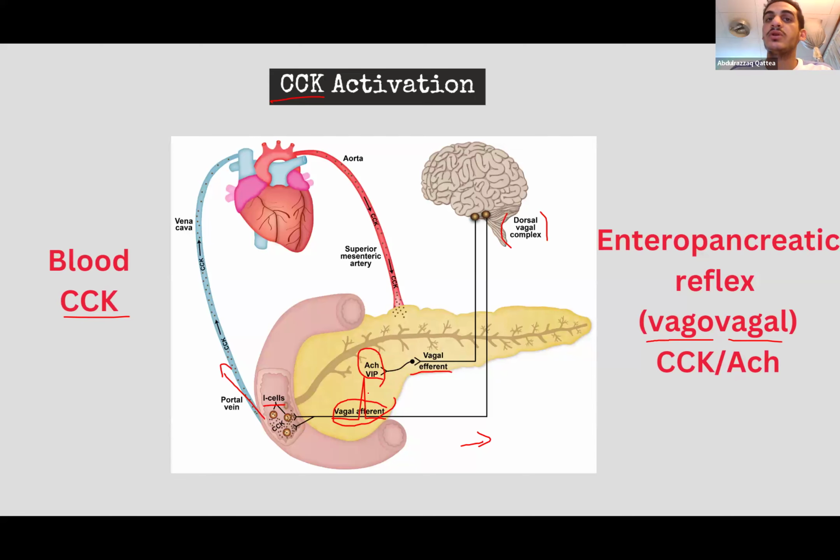And acetylcholine will go and act on the acinar cells, and acinar cells will secrete the pancreatic enzymes. Again, simply, CCK will go into the vagal afferent, which is going to the brain, to the brainstem actually, and then it will go back by vagal efferent, and from vagal efferent it will release acetylcholine and VIP.